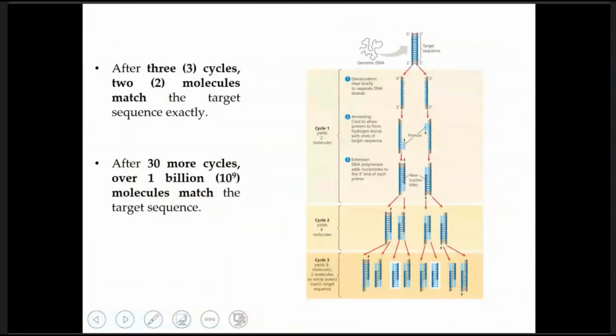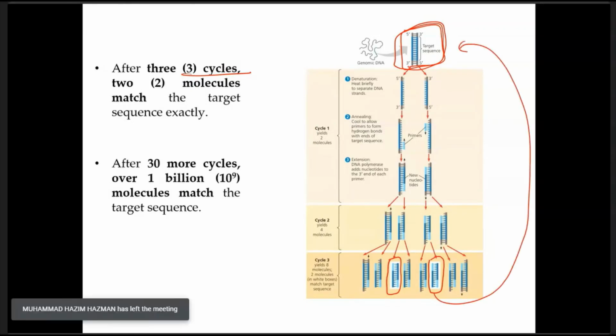So the next slide. After 3 cycles, two molecules match the target sequence exactly. So this is the target sequence. Initially you have the target sequence. After 3 cycles, here you produce 2 fragments of molecules that are exactly the same as the initial molecule.